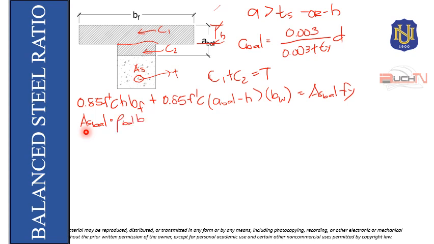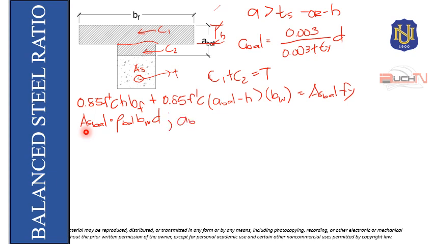Since umabot na din pababa yung C balance natin dyan, ang B natin dyan will be B_W. So, that is B sub W. That will be d. So, that means yung A balance natin same.